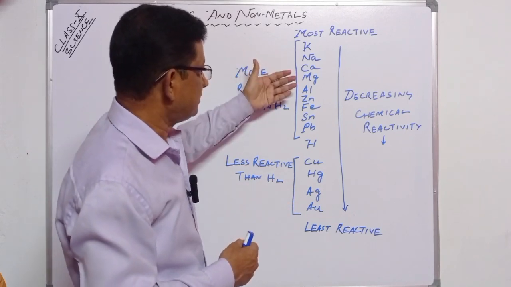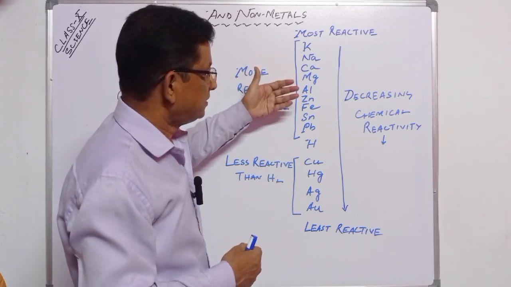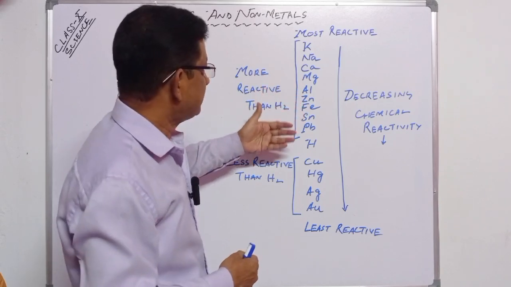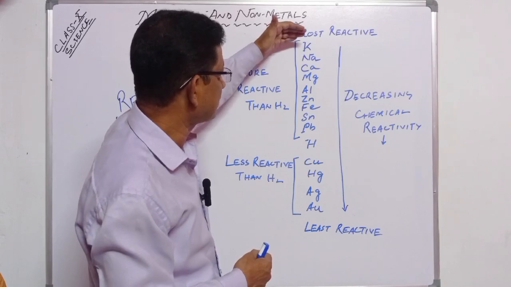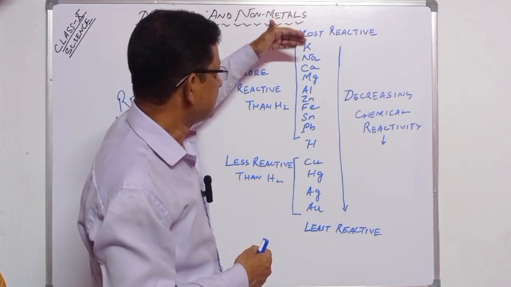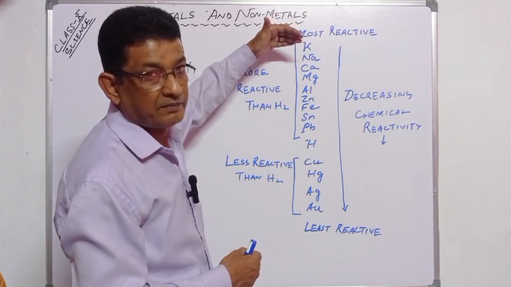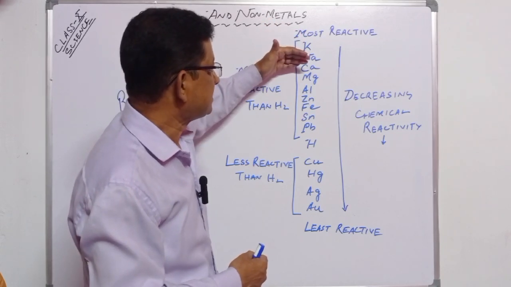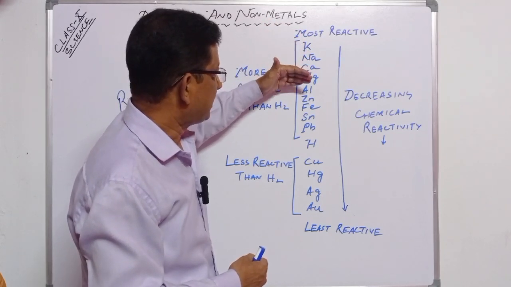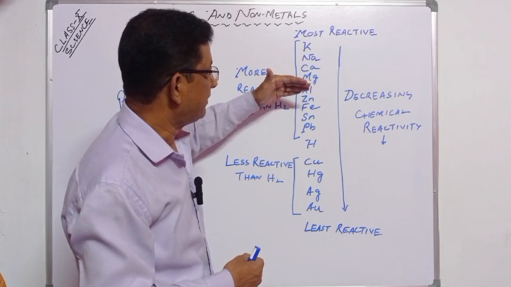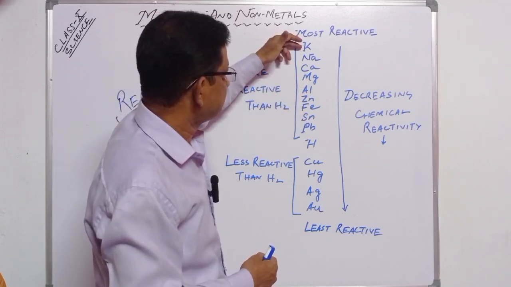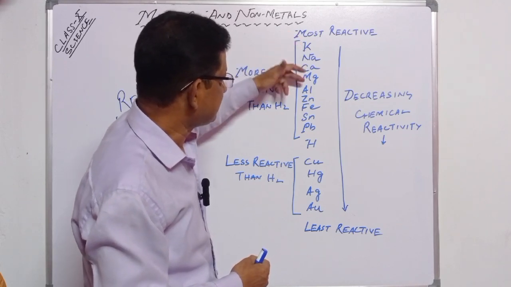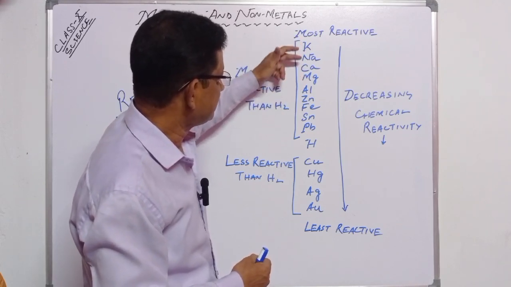This is important for chemical reactions because an element or metal at the top position, that is the more reactive metal, can displace another metal from a chemical reaction. That means potassium can displace aluminum from a reaction.